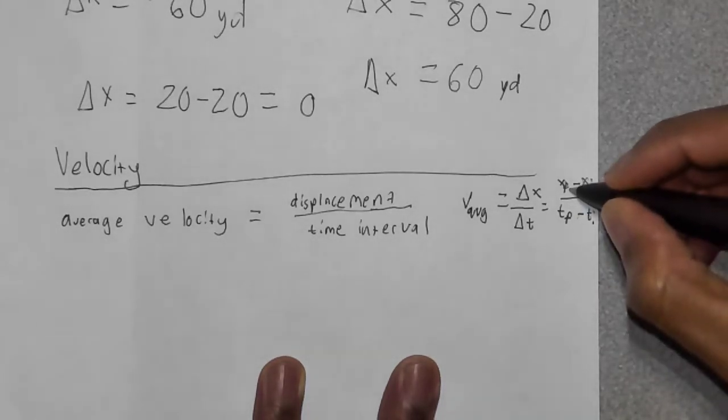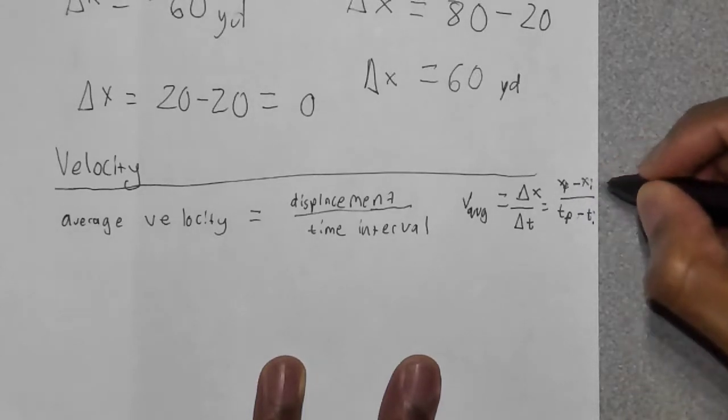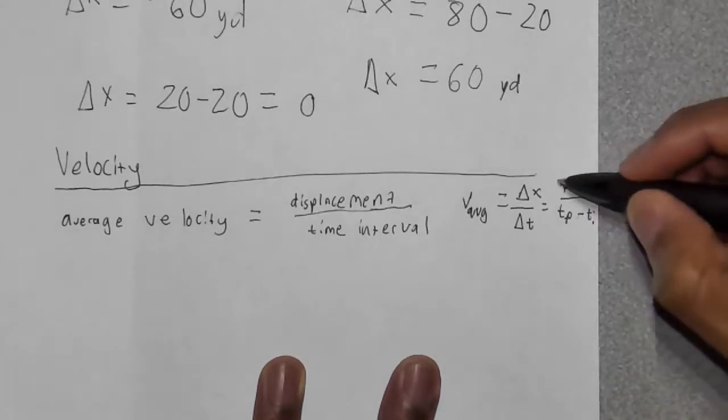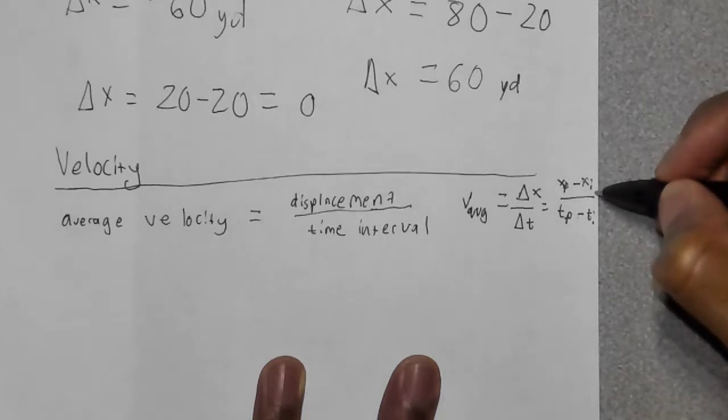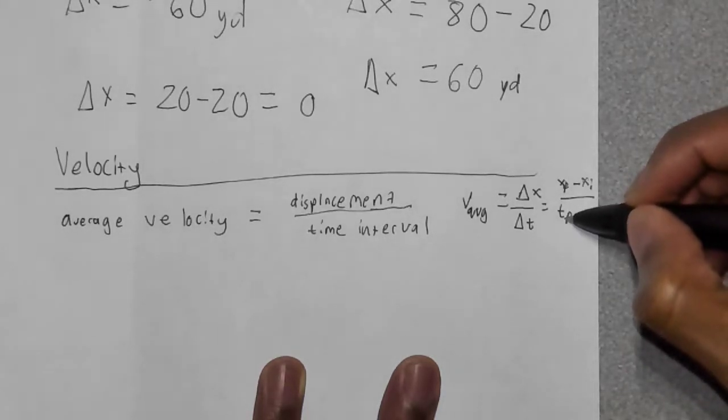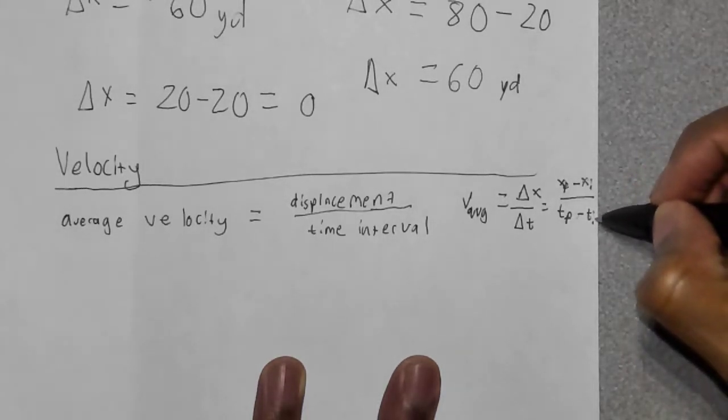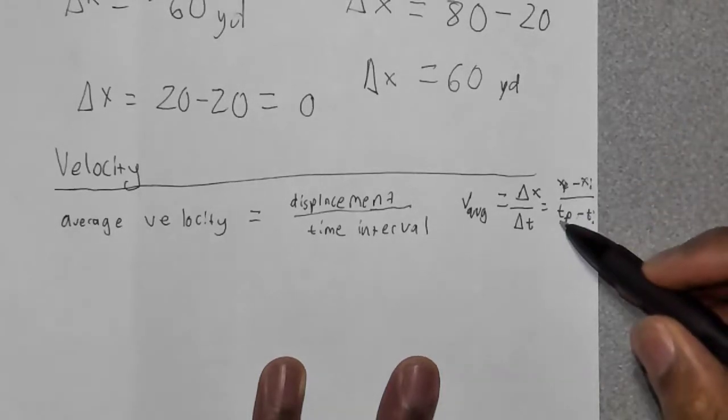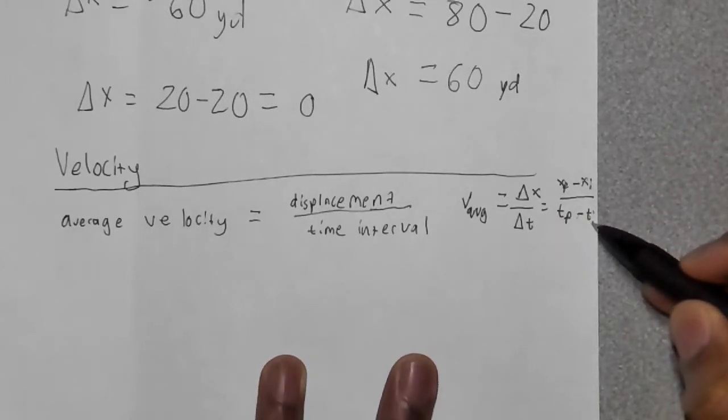So this is x sub f minus x sub i, for final position minus initial position, over t sub f minus t sub i, which is ending time minus initial time.